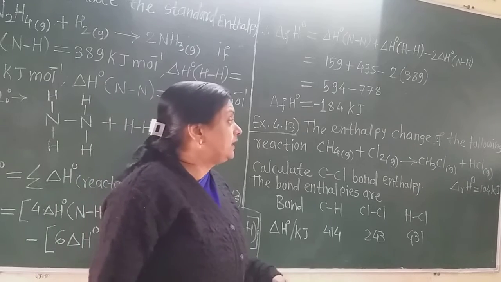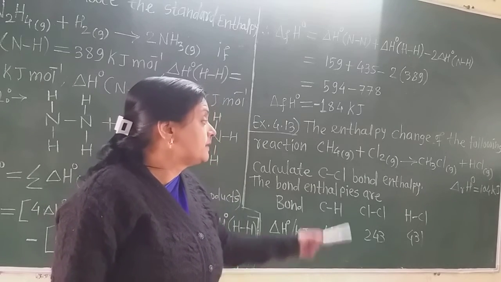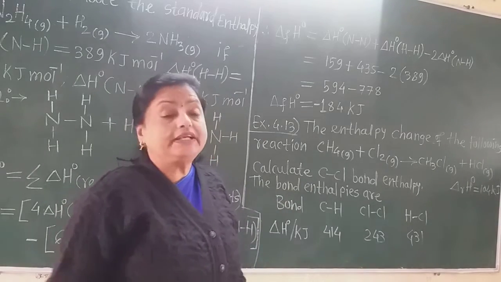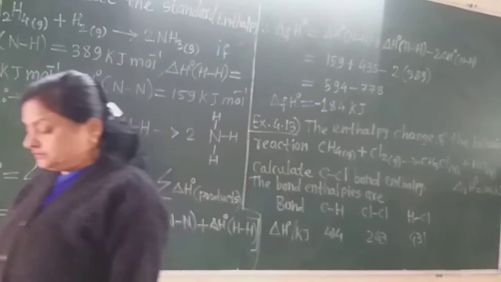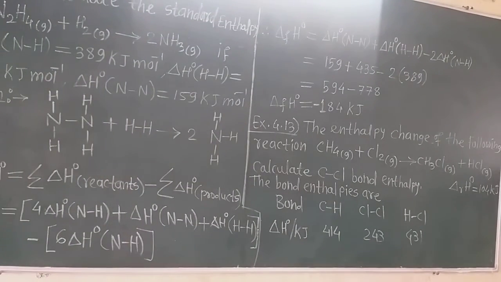Now let us calculate the bond enthalpy of the C-Cl bond. Now how is it calculated? Let us see. First take the screenshot and write down the notes, and then we will solve this problem number 4.30.